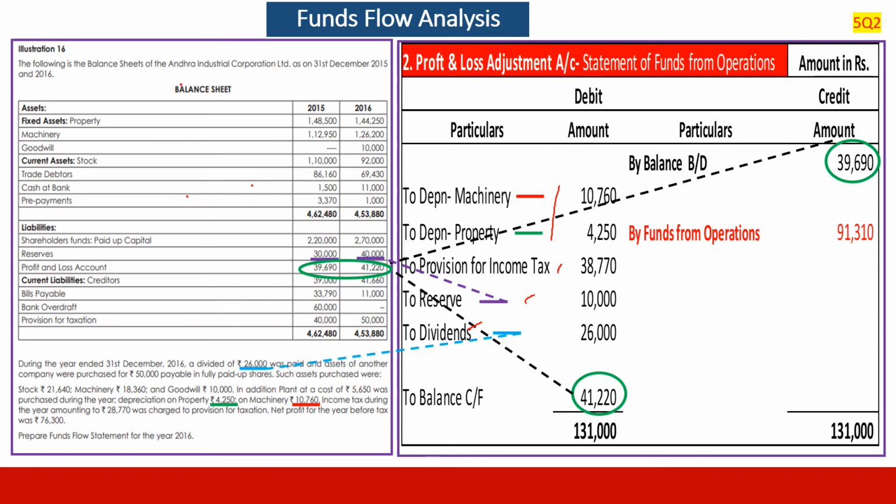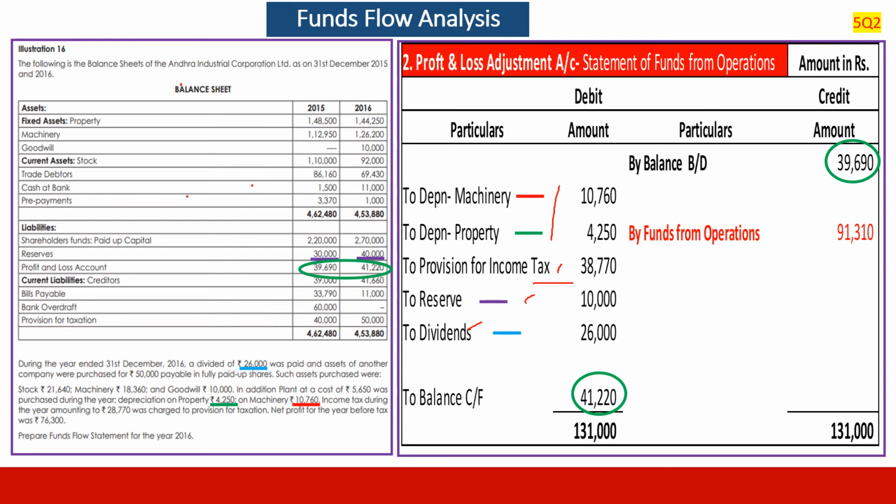Then during the year, a dividend of 26,000 was paid. Therefore, two dividends, 26,000. It is provision for dividend. Then depreciation, two items are given: property 4,250, machinery 10,760. We are writing it back. With this, we have posted all items except one. We have provision for income tax, which is not available here.